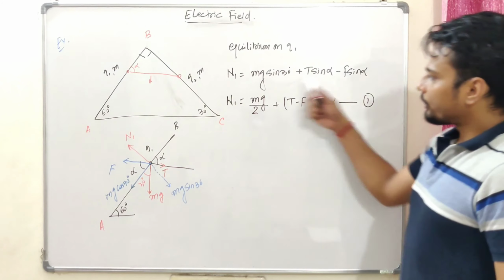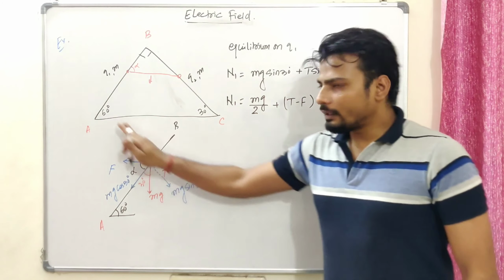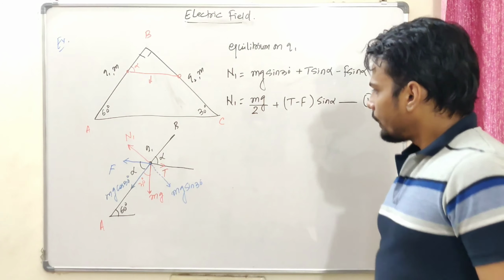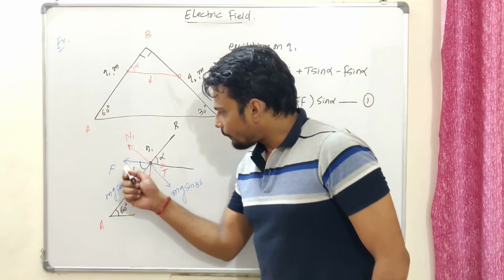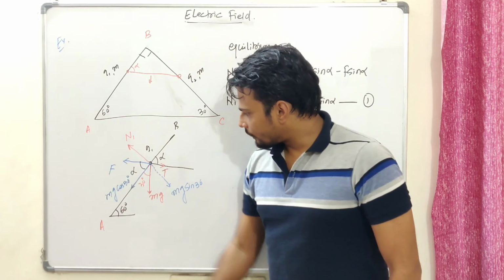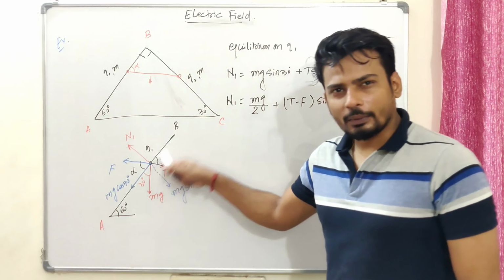So that is because of the normal. Now let us talk about along the plane. This force was perpendicular to the plane, right? Now we can work along the plane. Along the plane there will be a component of F, a component of mg, and a component of T acting upward, right? That we can see.